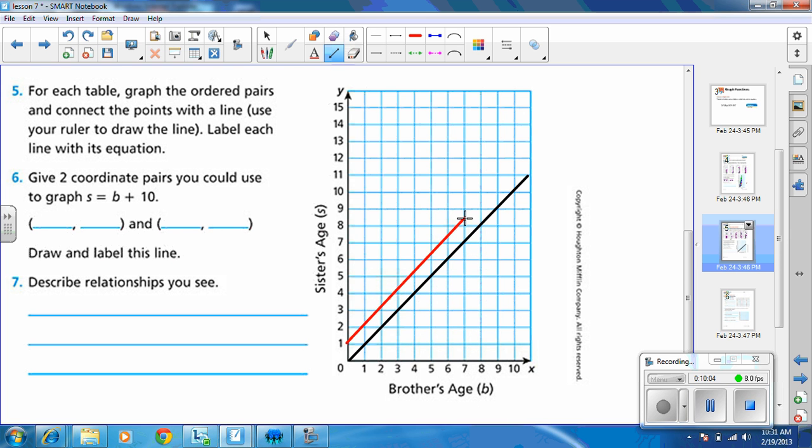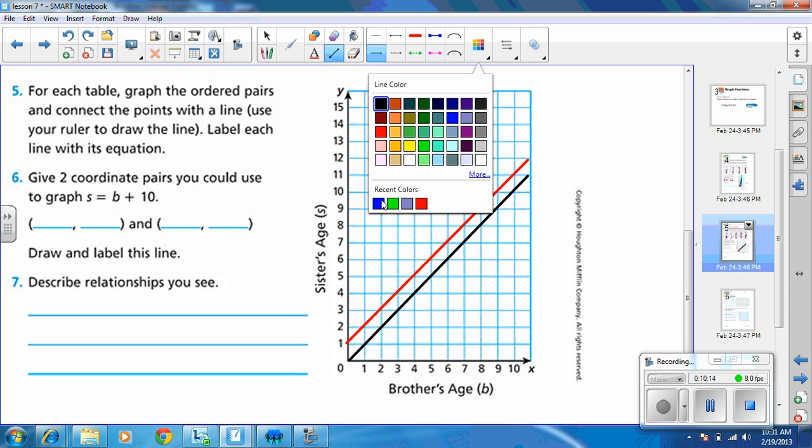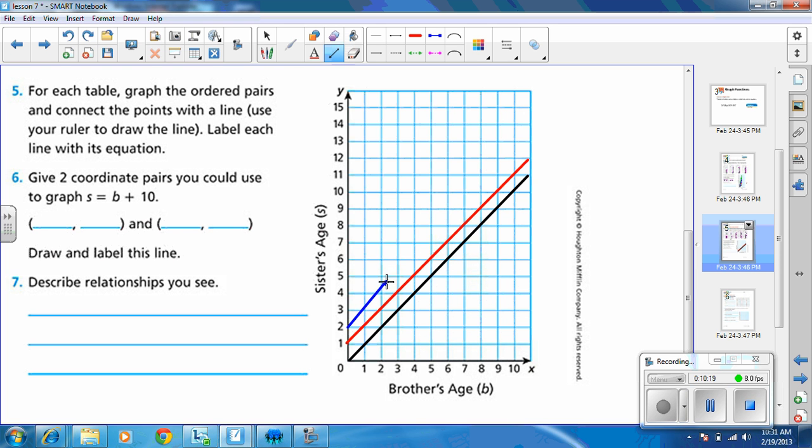This line is going to run parallel to that other line. Okay? All right. On the next one, same thing. It's going to run parallel to it. If they were 2 years apart, we'd have 0, 2, right, and running parallel perfectly to these other lines.